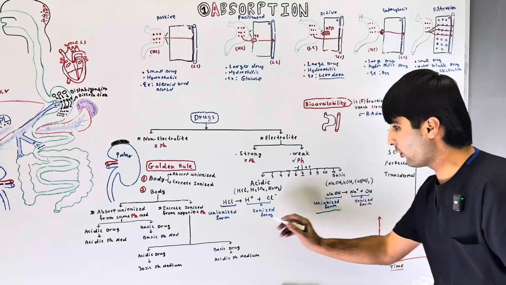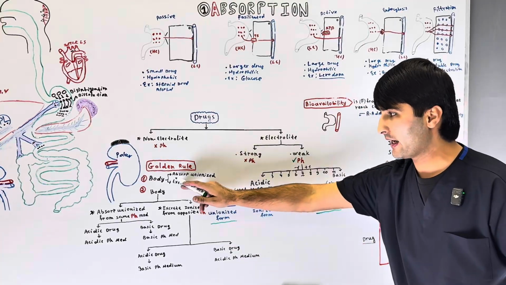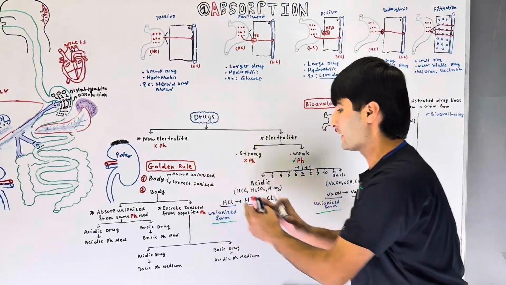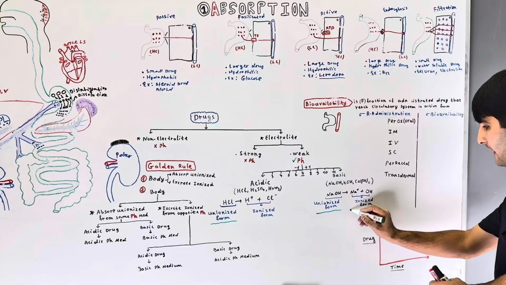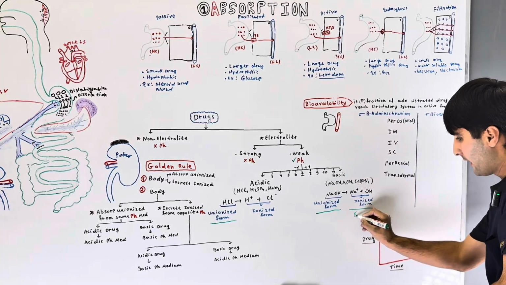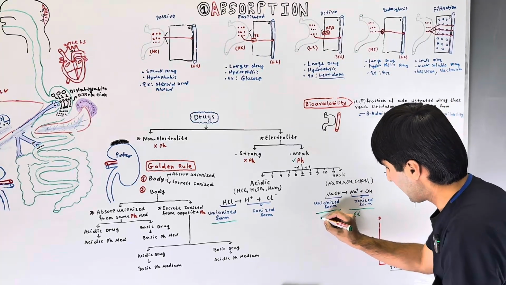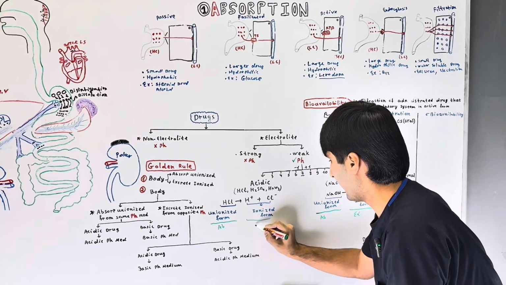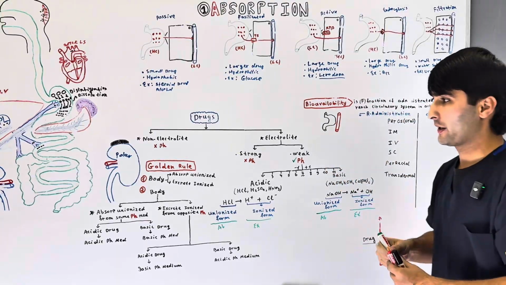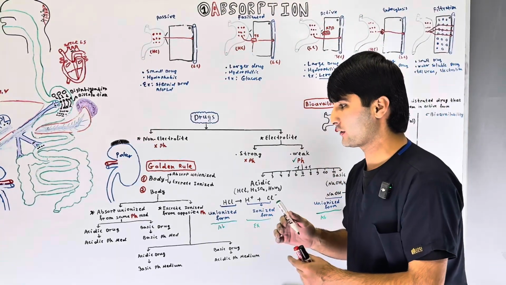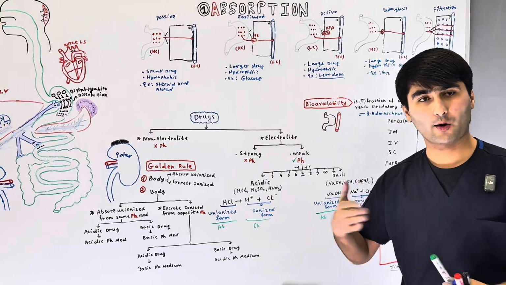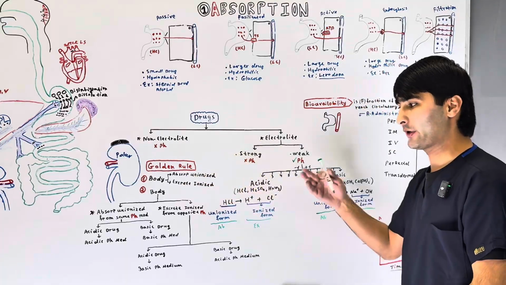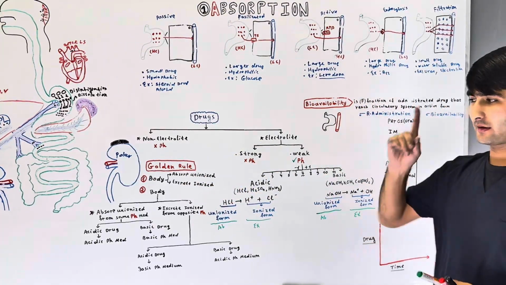These parts of the drug are always absorbed, and the body excretes the ionized forms. You should memorize this rule because it is important. Later you will understand why. So the body absorbs the unionized form and excretes the ionized form of the drug. That was the first golden rule.